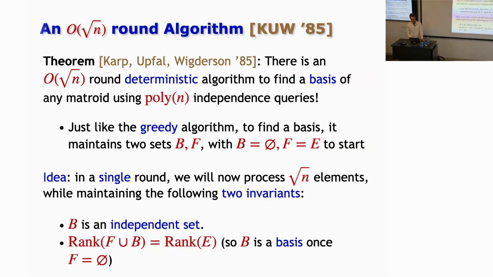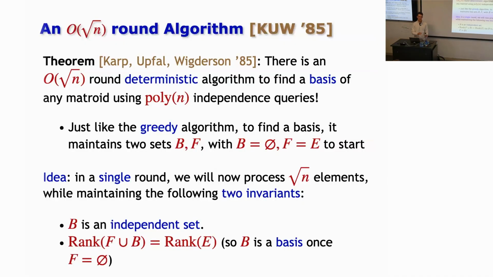If you had the rank oracle, this whole thing would be just one round. That's also one way to understand what KUW is asking: what is the round complexity of using independence oracle access to compute rank? These are essentially the same question as the basis finding.